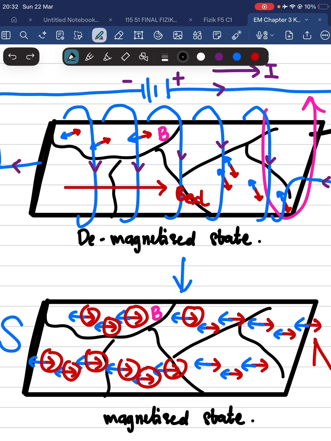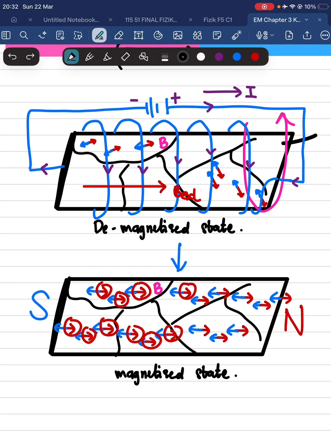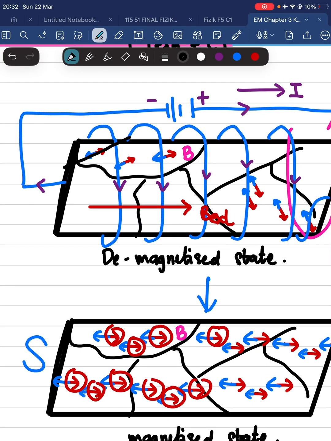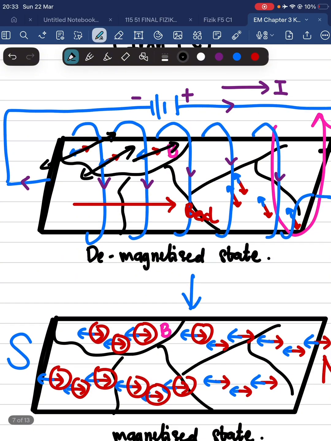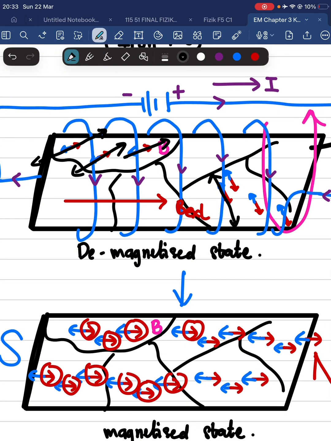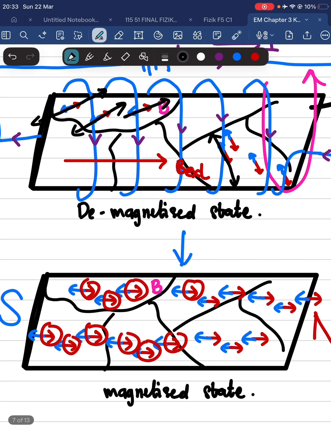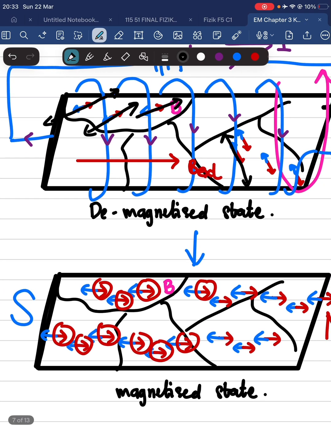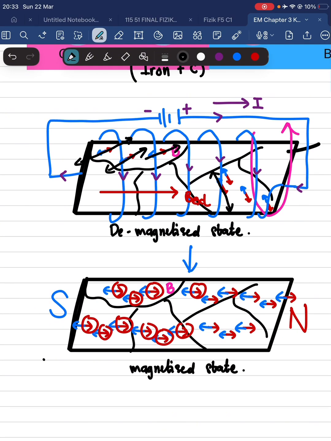This B external will interact and cause the electrons to be directed in one direction. Initially this electron is pointing like this, and in another domain it is pointing like this. So it's very random, but because of this B external magnetic field, all of them will be directed in one direction, which is in this direction.